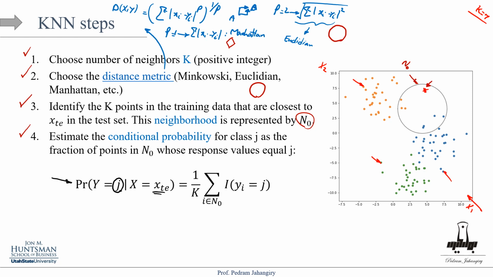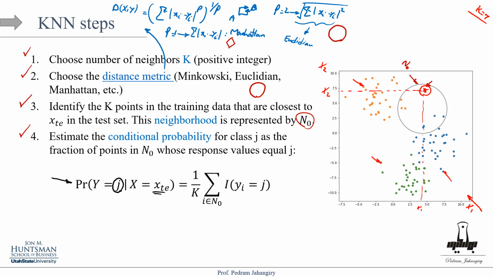What are the features in the test set here? Let me use red. This is going to be x2, and this is going to be the feature for x1. We want to see, for an observation with these two features, what is the class? Is it going to be orange? Is it going to be blue?